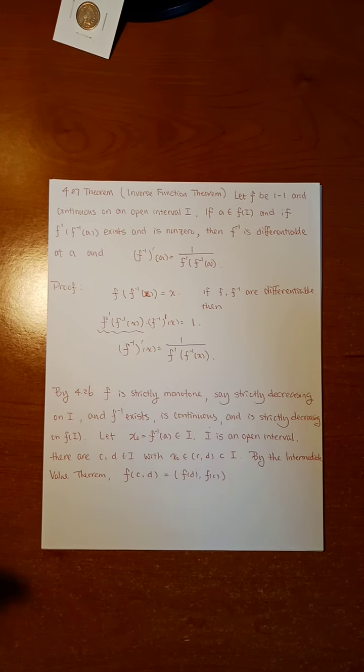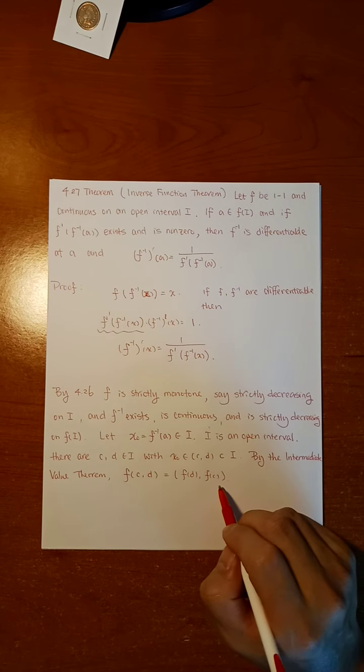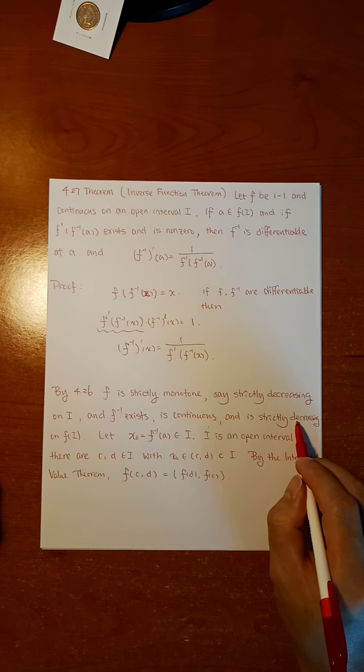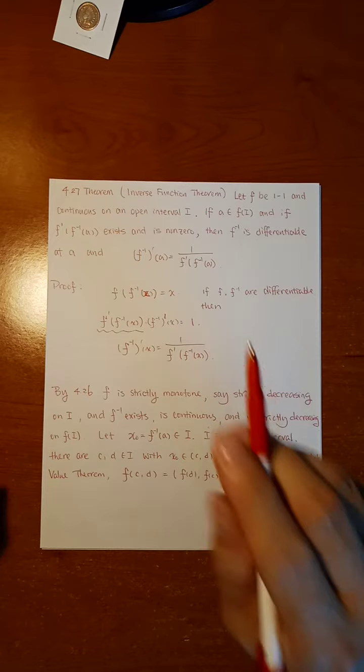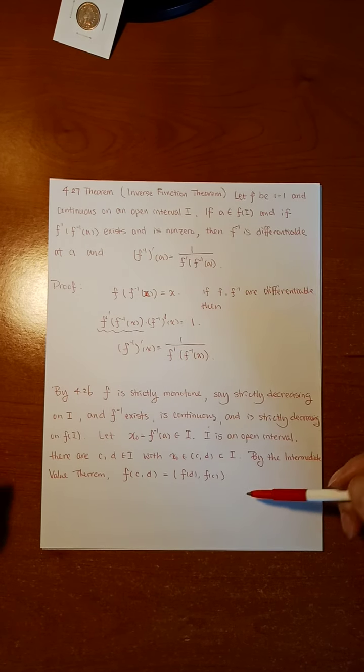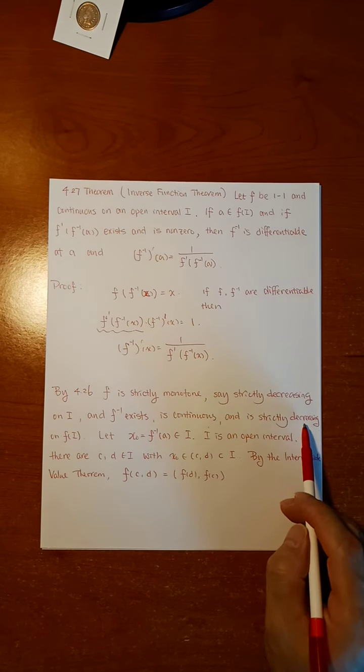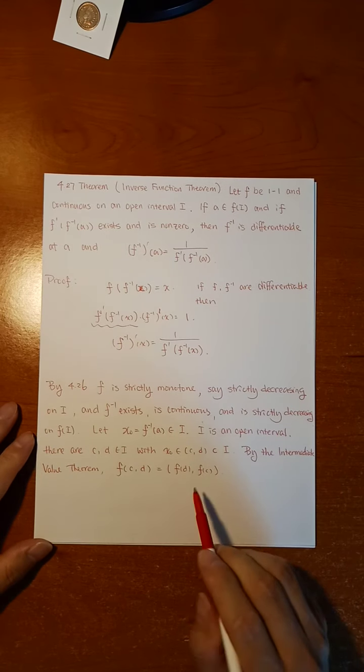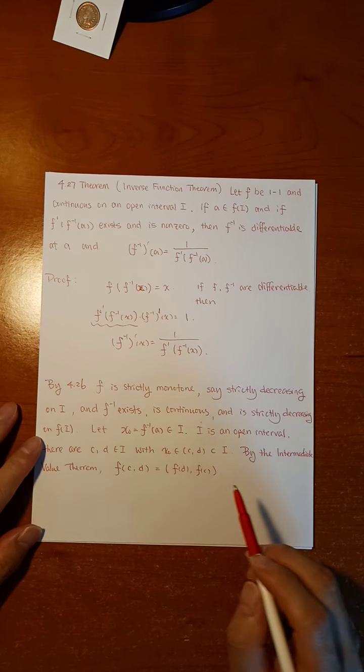This is done by the strictly decreasing property. In the textbook, this is (f(c), f(d)) because they assume it's strictly increasing. Here we assume it's strictly decreasing, so we just modify this part.